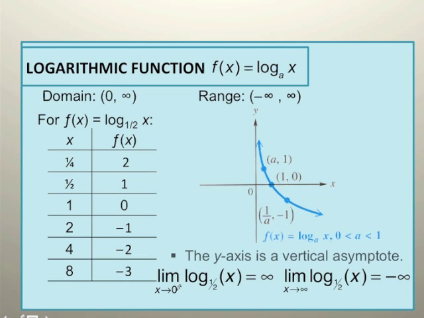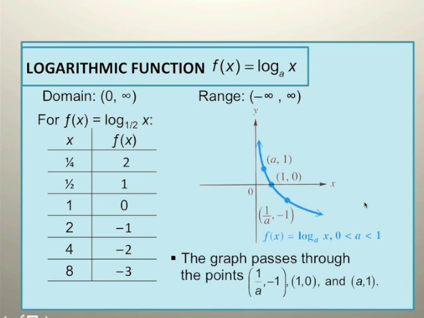The limits though, as x goes to 0 from the positive side, it goes to positive infinity because it's going up, and the limit as x goes to infinity goes to negative infinity because this is a decreasing function. And it passes through those same 3 points: (1/a, -1), (1, 0), and (a, 1).